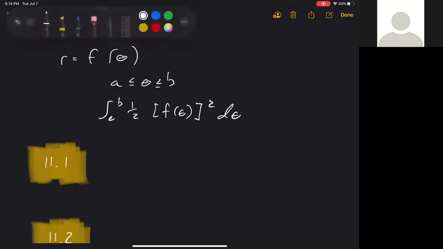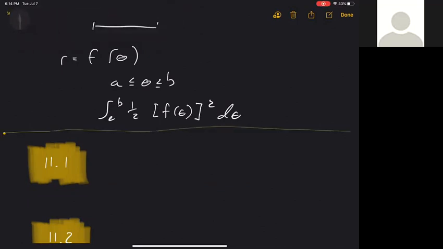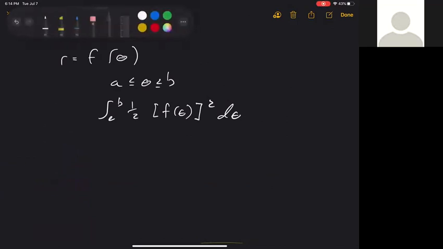And then the only difficulty might be that maybe you're not given these bounds, right?